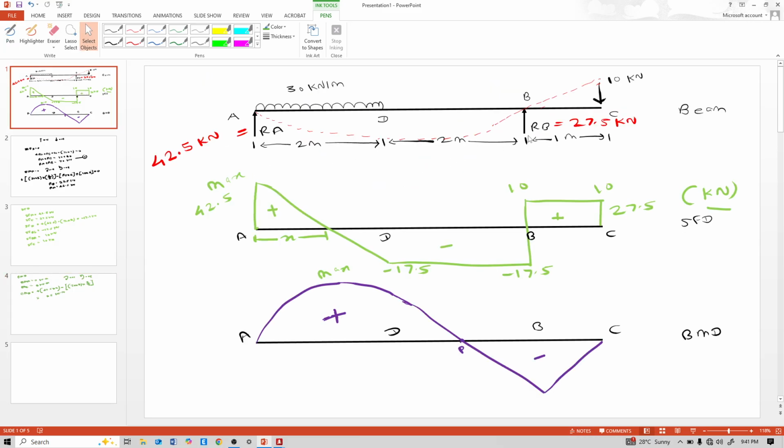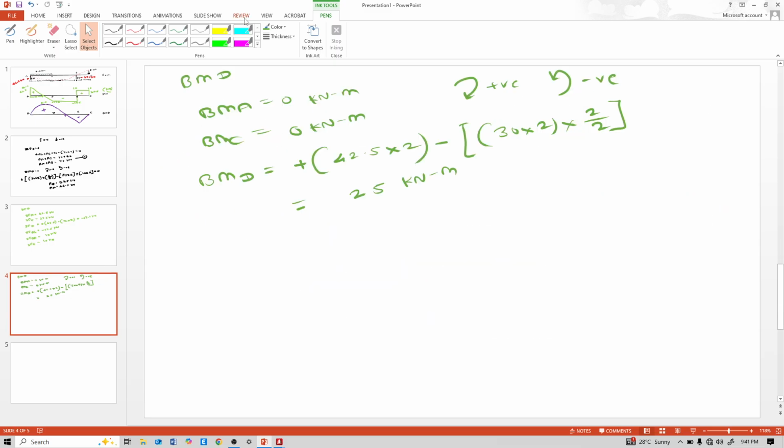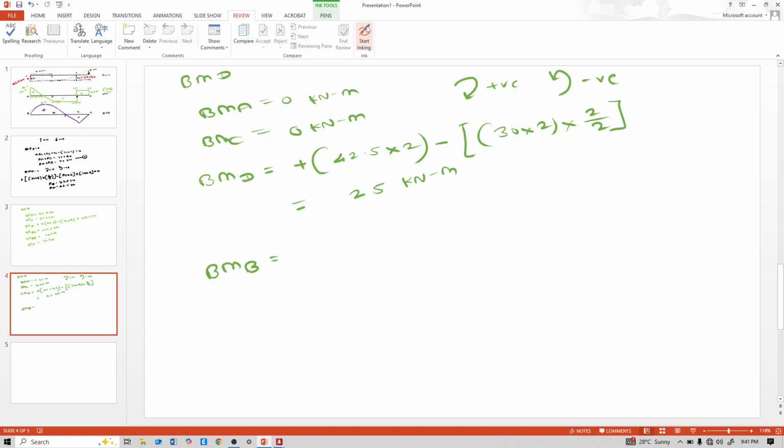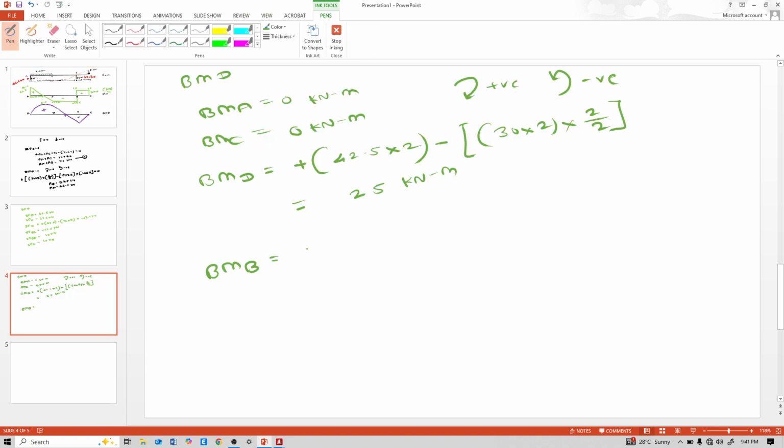Bending moment at B, I will calculate from this right hand side. 10 is clockwise to that B. So positive 10 into 1.